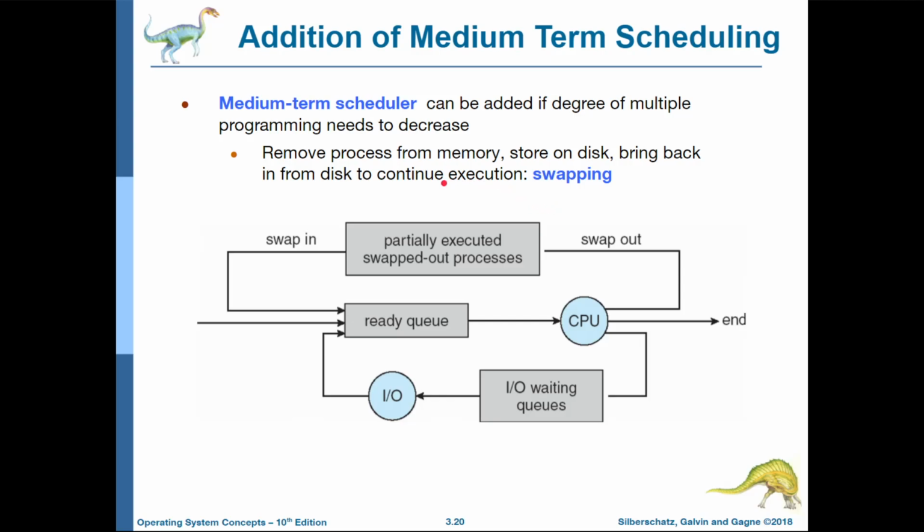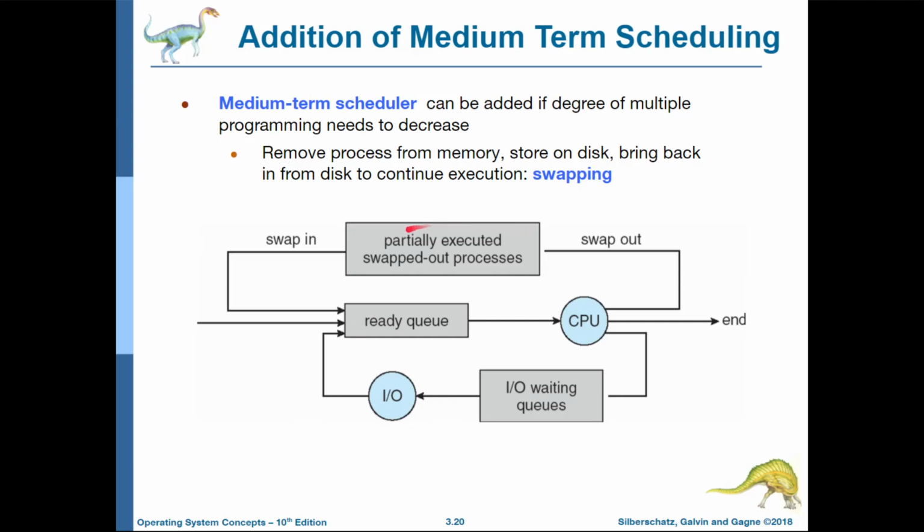The long-term scheduler can move a process out more or less permanently, but a medium-term scheduler will take a process out of memory stored on disk and bring it back from the disk quickly. This is called swapping. And so what we have here is processes that are running on a CPU that get swapped out and stored on secondary storage, such as a disk.